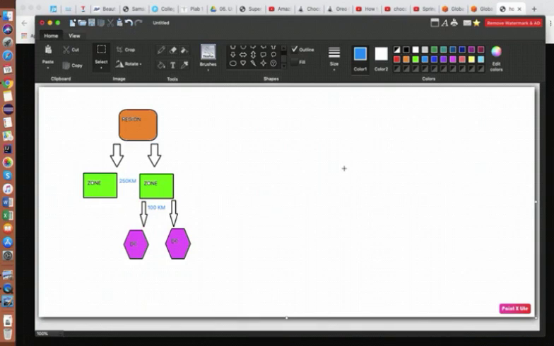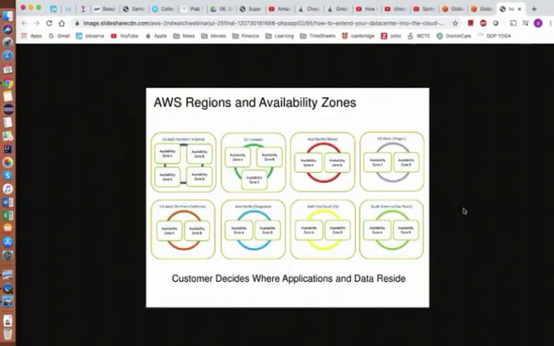You might ask, how do I decide where to host my application or my data? Let me show you something before going into that. This image shows the AWS regions and availability zones.